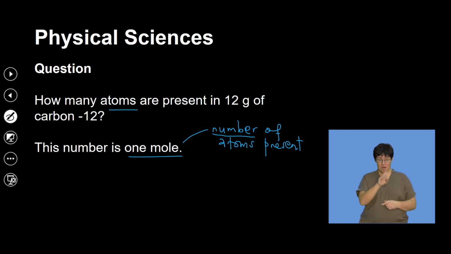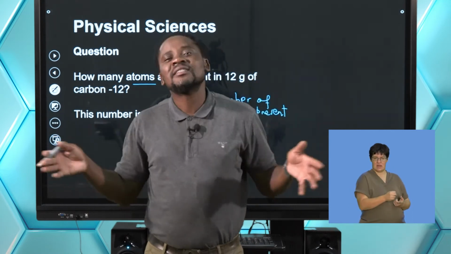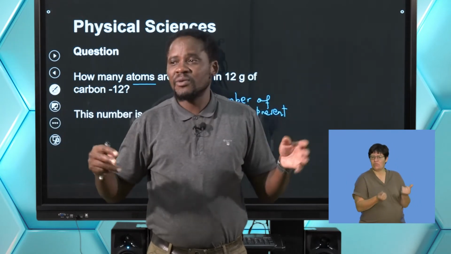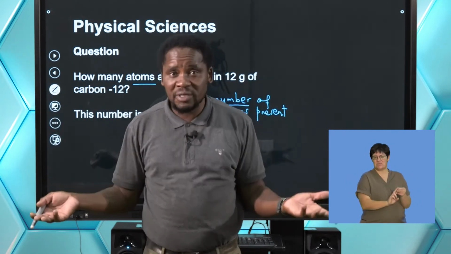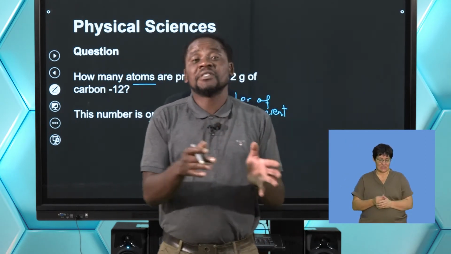One mole is a number, just like we say 1 dozen, it's a number. A dozen represents a number, whatever material you are talking about, it could be 12 units. So 12 units is a dozen, hence a dozen represents a number.